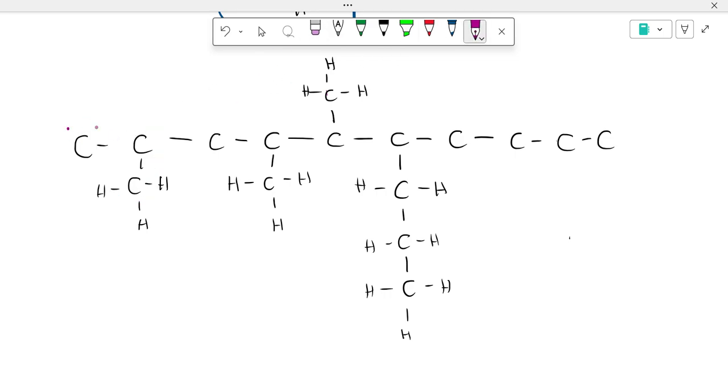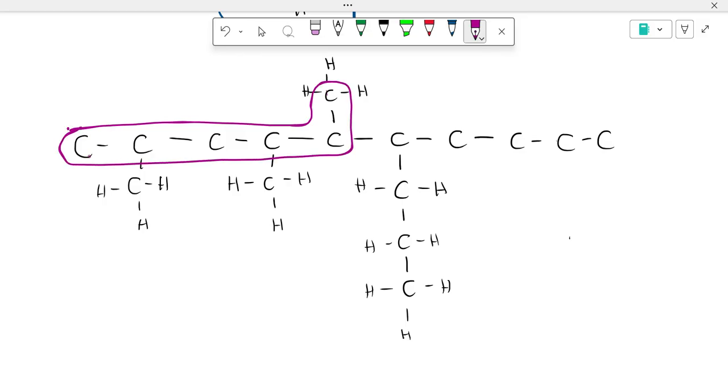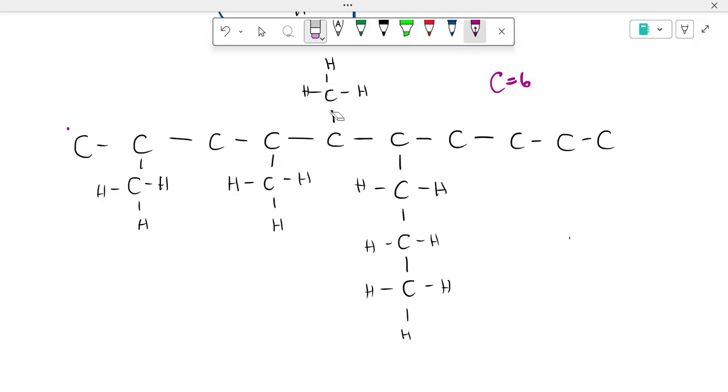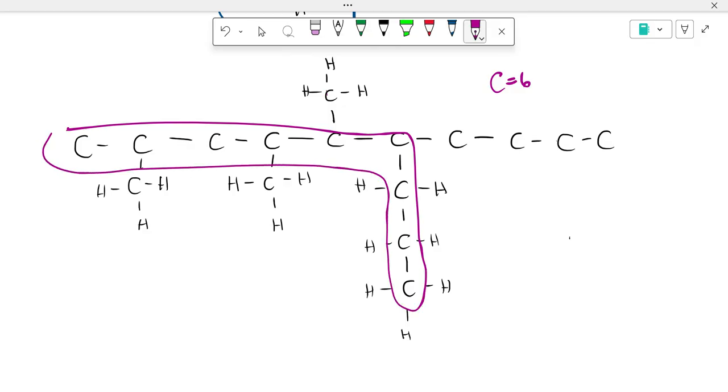Let's see this one. How many carbons does it have? One, two, three, four, five, six. So we have 6 carbons. Okay, let's look at other options. Let's go this way. 1, 2, 3, 4, 5, 6, 7, 8, 9.